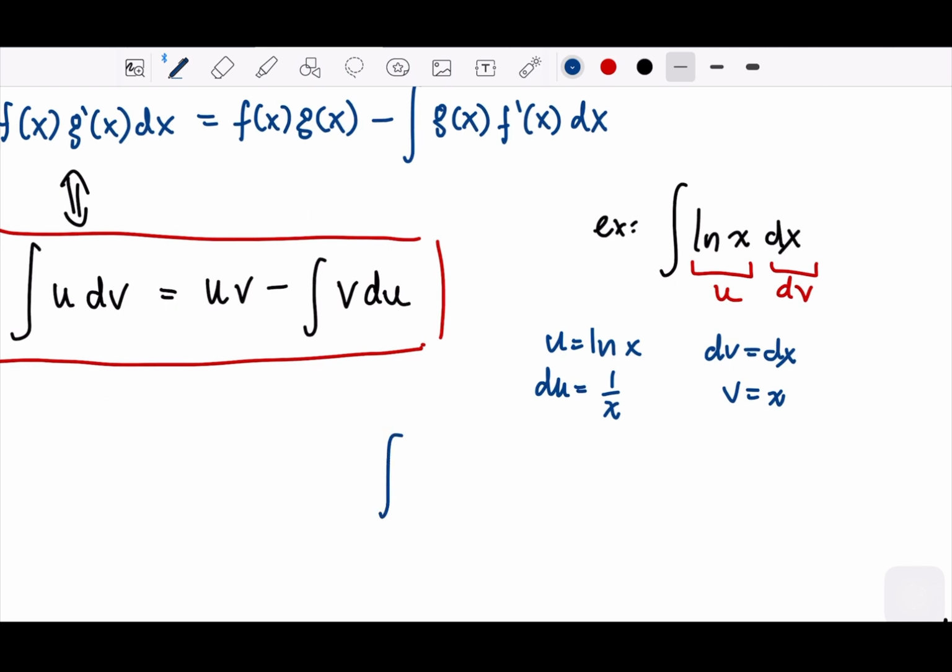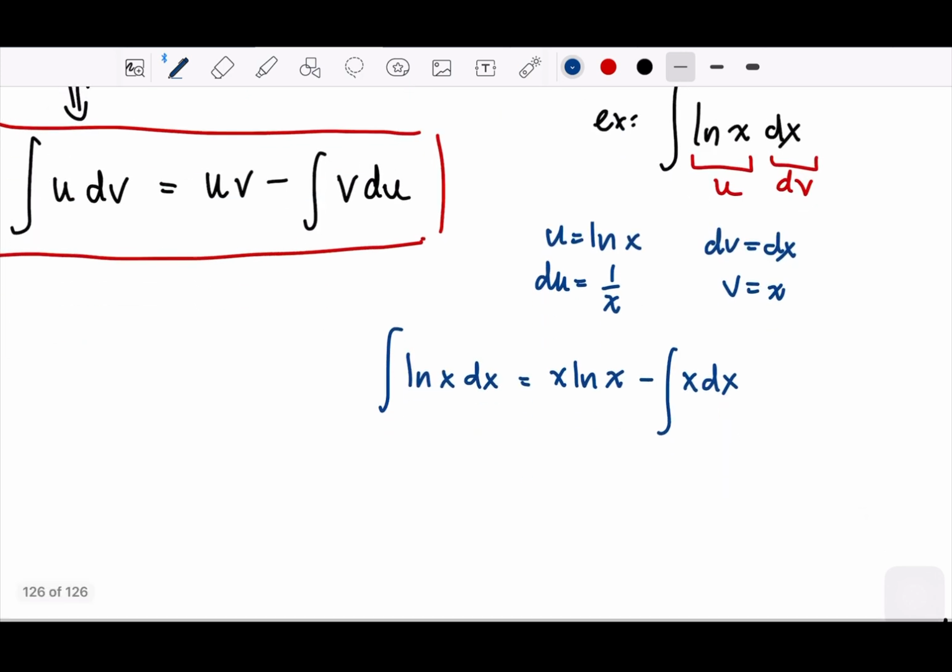And then we take this integration. u is ln x, v is x, so x ln x, minus v du. v is x and du is 1 over x dx. So we start to compute this.